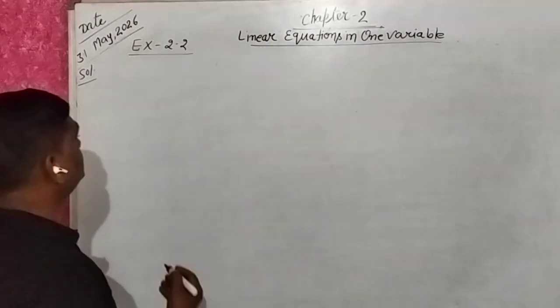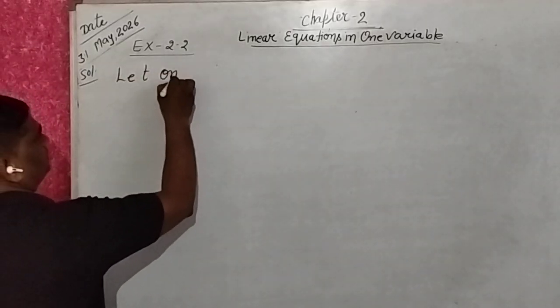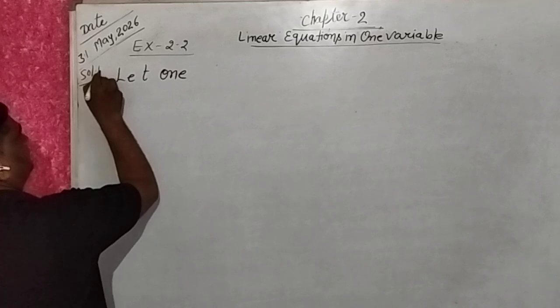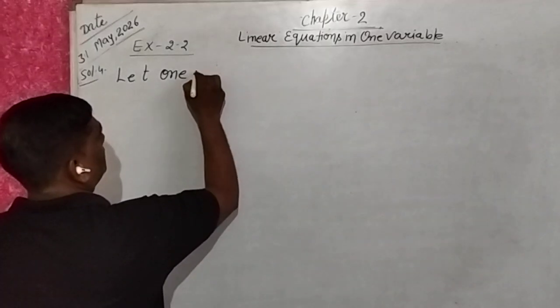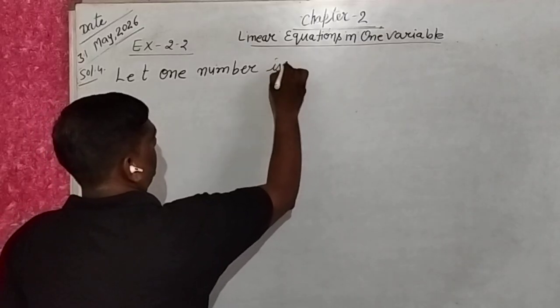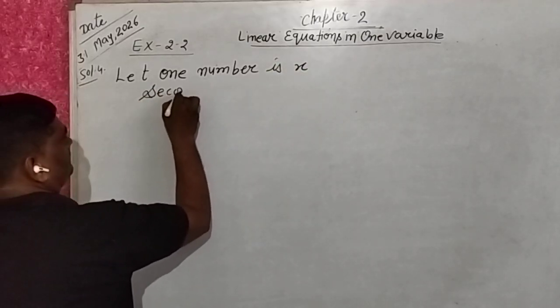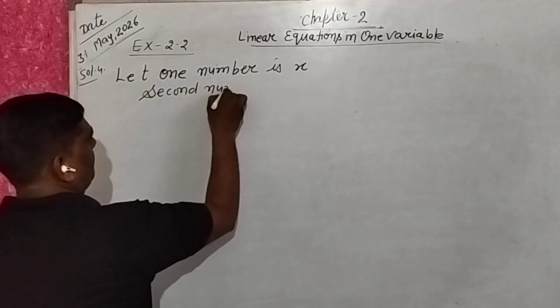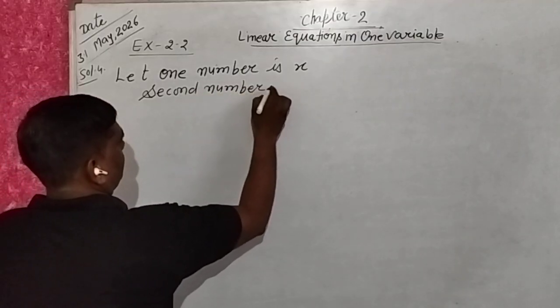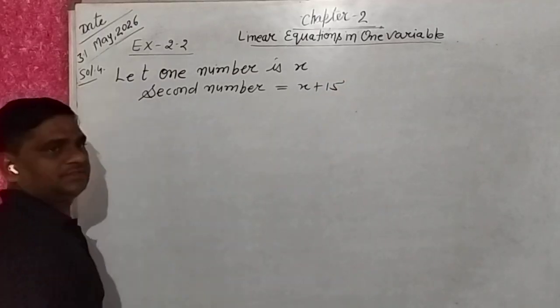Find the numbers. Let the first number be x and the second number x plus 15.